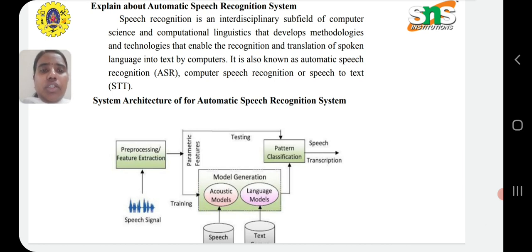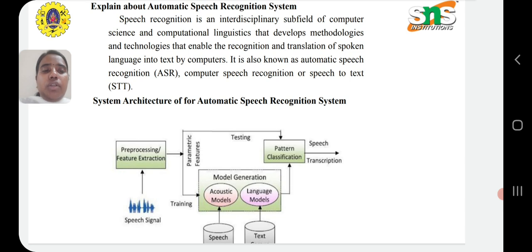In this architecture, the speech signal is given to pre-processing and feature extraction. The parametric features go into pattern classification. The testing process is taken, along with training model generation. The speech database is given to the acoustic model, so all the data are collected into the databases.